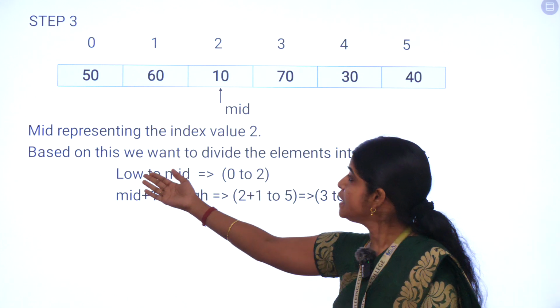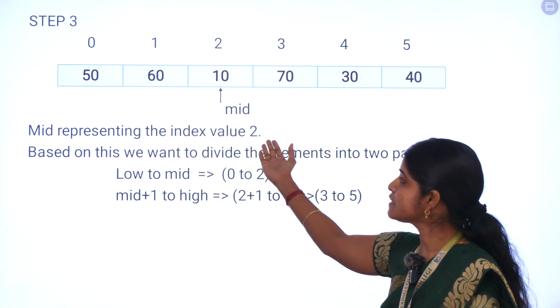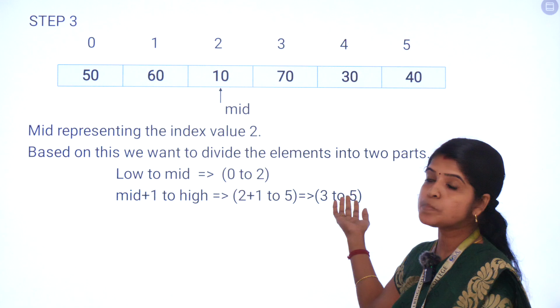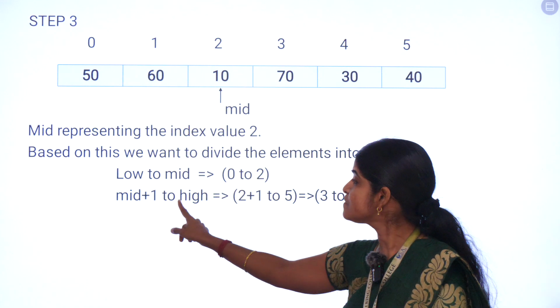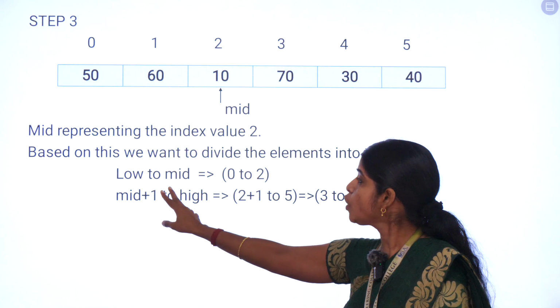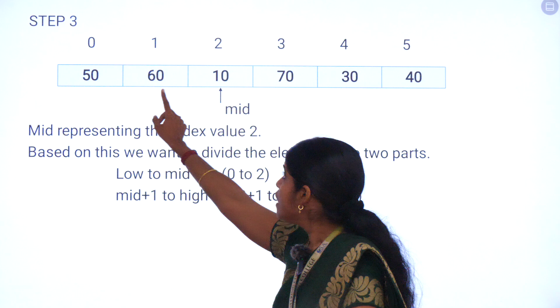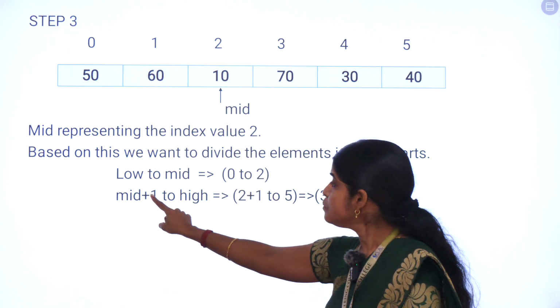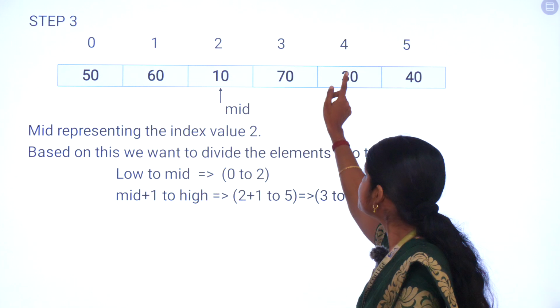Now the mid is representing the index value 2. Based on this, we want to divide the elements into two parts, from low to mid and from mid plus 1 to high. Here low to mid is 0 to 2, and then mid plus 1 to high is 3 to 5.